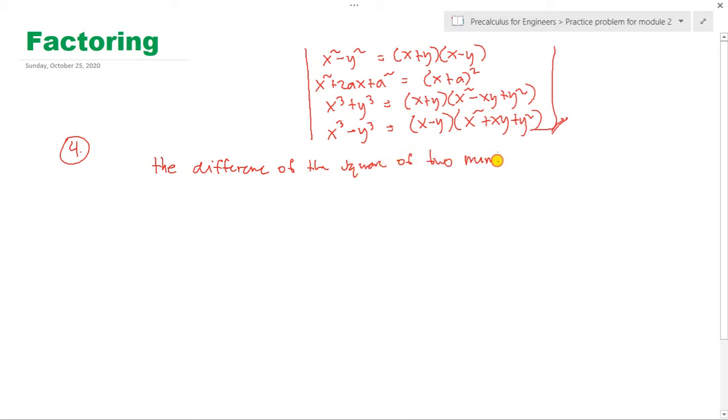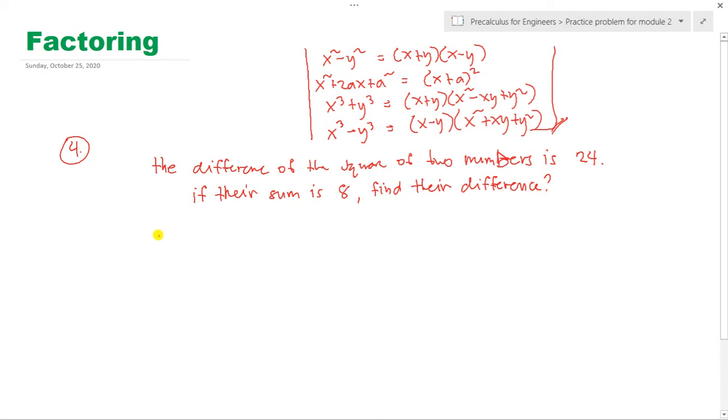The difference of the square of two numbers is, let's say, 24. And then if their sum is 8, find their difference.